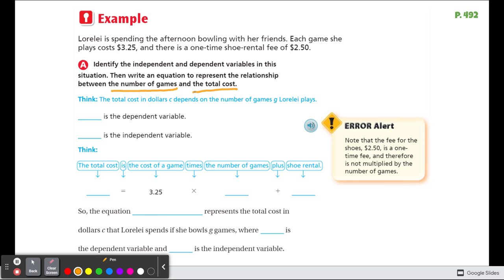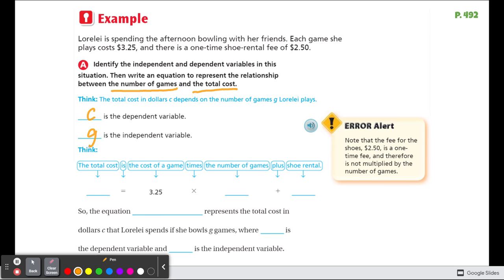If she plays less games, the cost will be less. So the thing that she can change is how many games she plays. So the cost is the dependent variable because it depends on how many games she plays. So the C, the cost, is dependent and the number of games is independent.